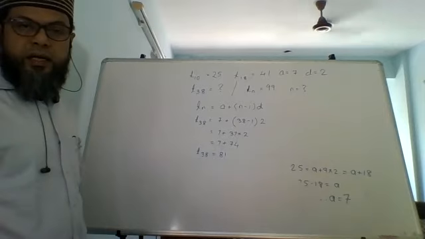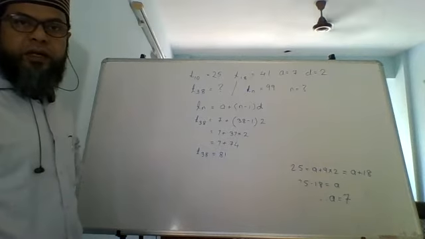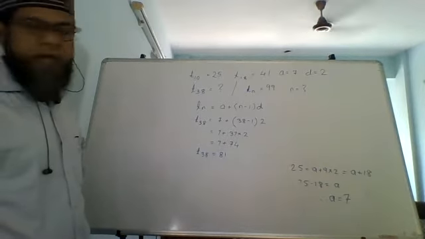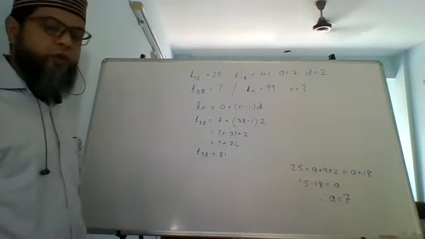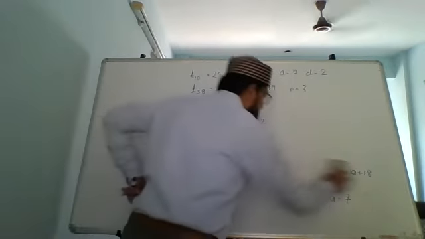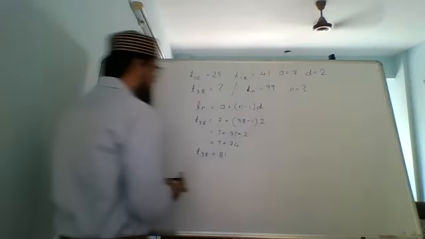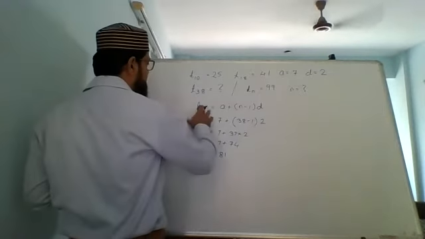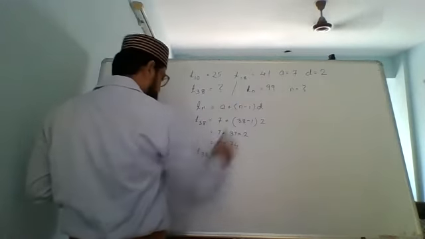Next question that they've asked us is, Tn is 99. What is the value of n? Tn is given to me as 99. I have to find the value of n. Again, the formula remains the same. Tn equals this.